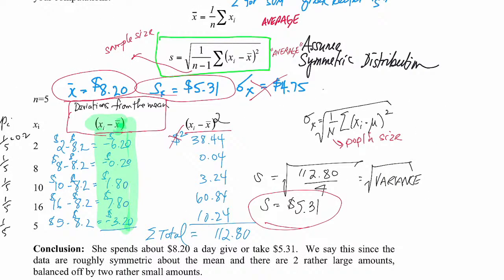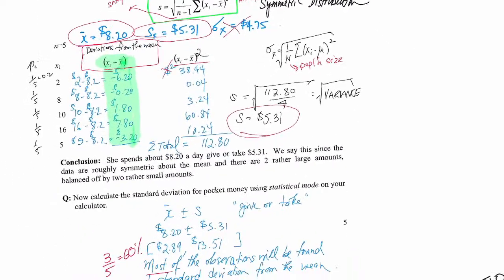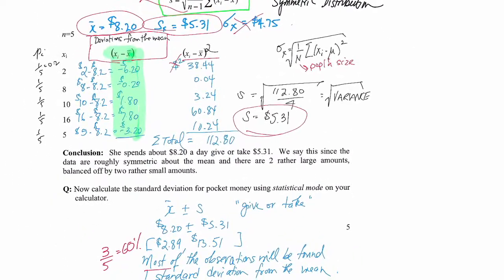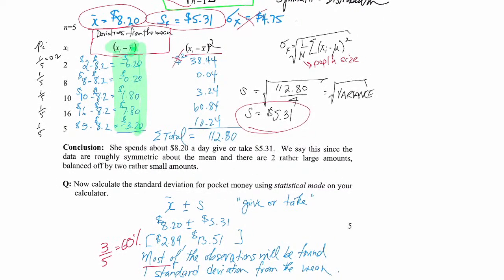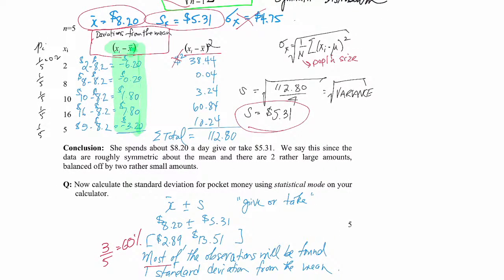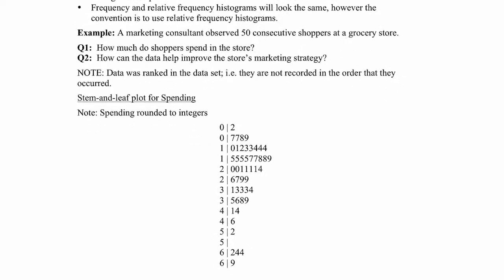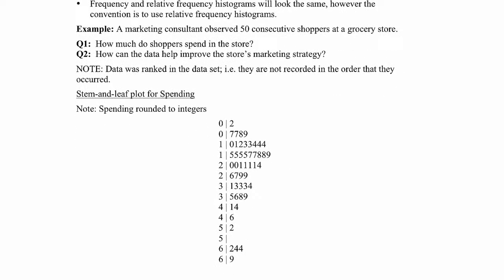I mentioned back here that you can use your calculator to practice statistical mode. With statistical mode on your calculator, you can find the mean and standard deviation of this data set here. You would have to extract the numbers, and anyway, you don't have to do it.